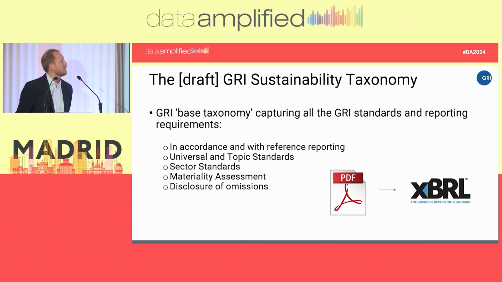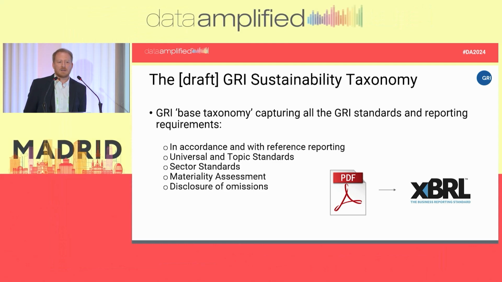That means there are aspects of the standards which we have to integrate in the taxonomy design, not least that we have two different levels of accordance, reporting with GRI: in accordance and with reference. We also have materiality, which Richard was talking about earlier and is very central to the GRI standards, so we have to think about how that is handled in the taxonomy.